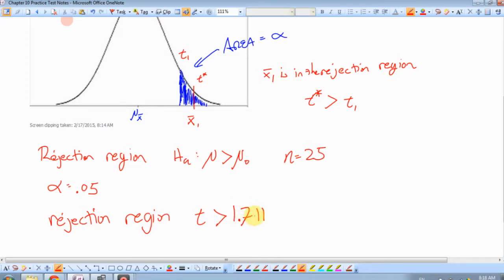What that says is that anytime I get a t that's greater than 1.711 on this particular test, I'm going to reject the null hypothesis.